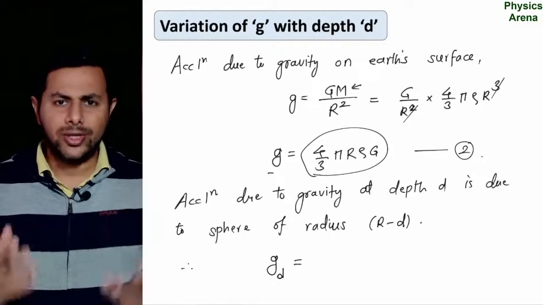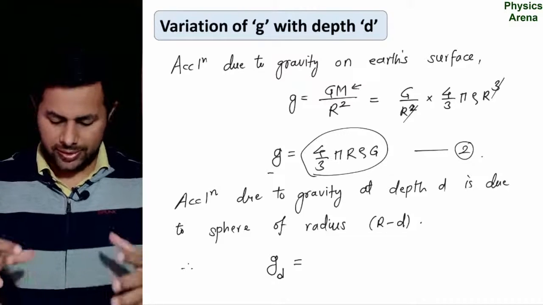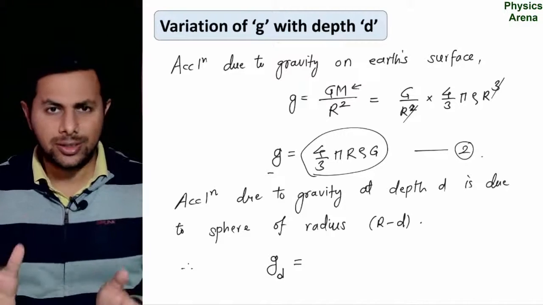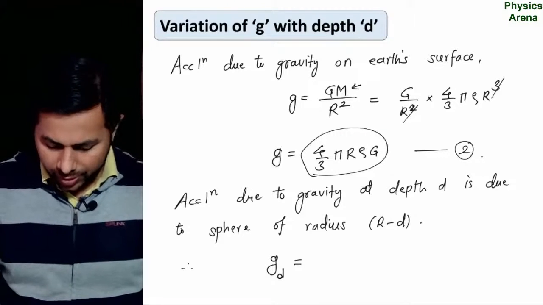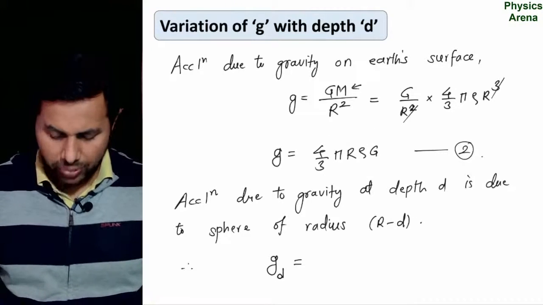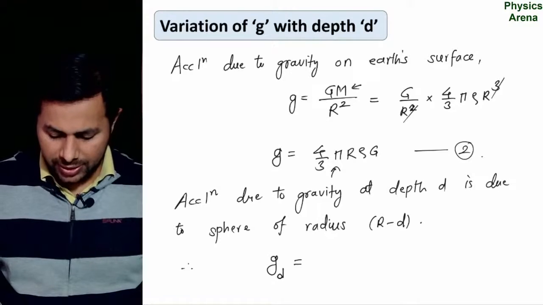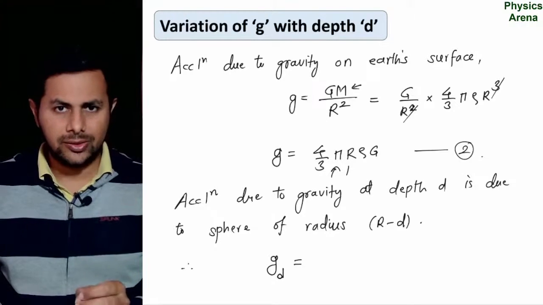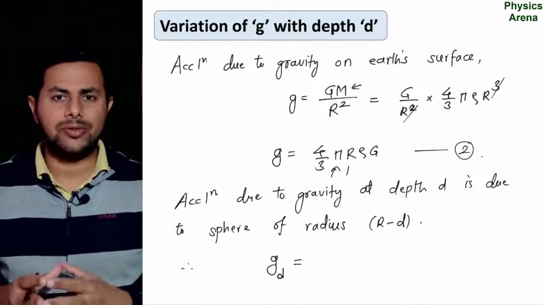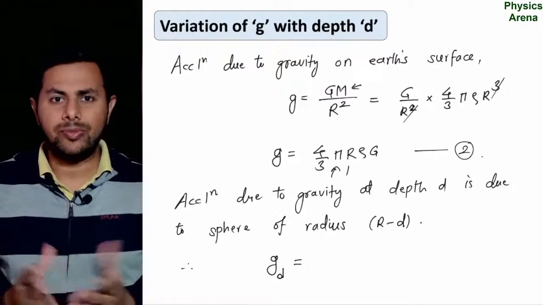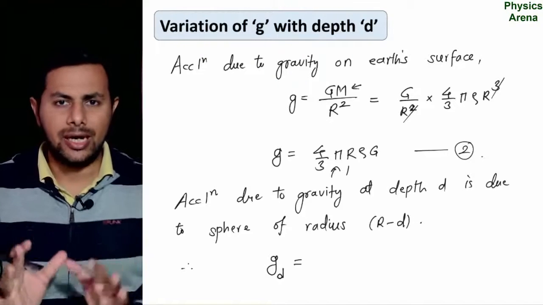What are the changes in the acceleration due to gravity on Earth's surface and at depth d? If we look at this formula, 4 by 3 is constant, pi is constant, r changes. Here it's r, and acceleration due to gravity at depth d will be due to a sphere of radius r minus d.